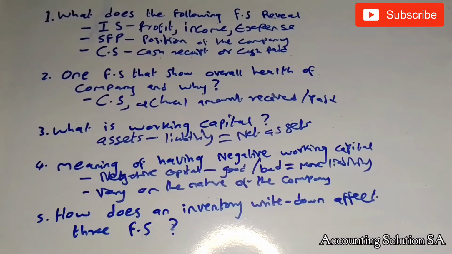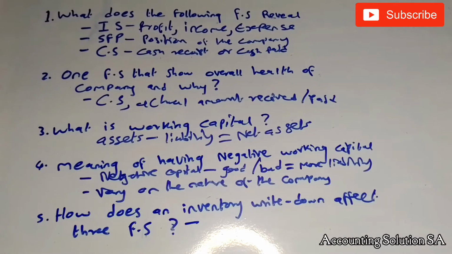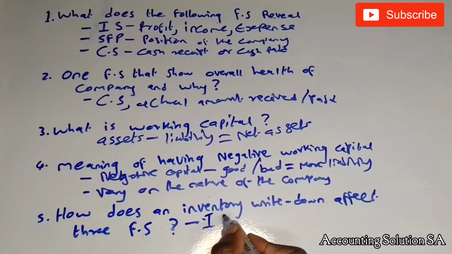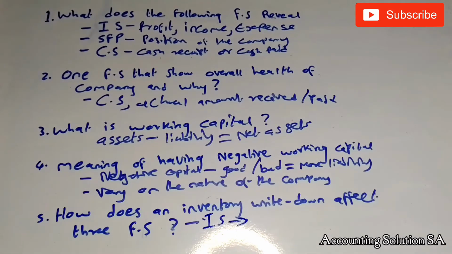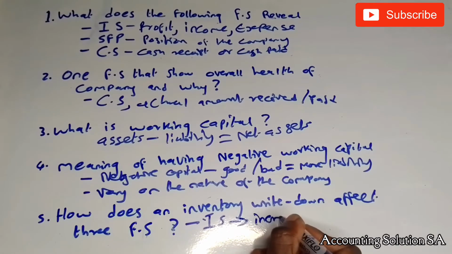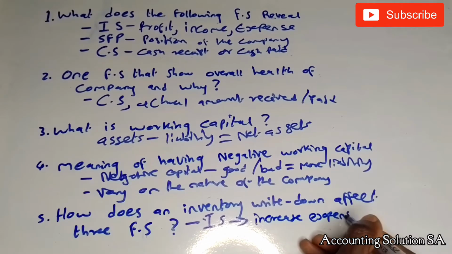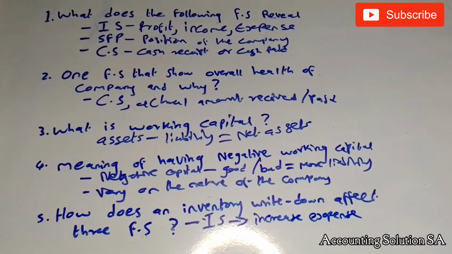Alright, then the following question we're going to have: how does an inventory write-down affect the three financial statements? Number one, we have the income statement. How is it going to affect our income statement? Number one, this is going to increase an expense, because we are going to write it down as an expense.